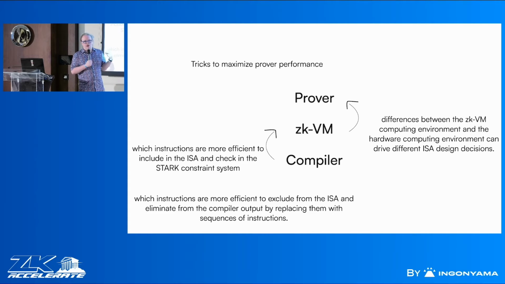We start with how we write things that are really optimized specifically for STARK circuits or AIR. This means that when we hit instructions in something like RISC-V, we need a compiler that will translate them to something that avoids the instructions that we don't want to include in the ISA.